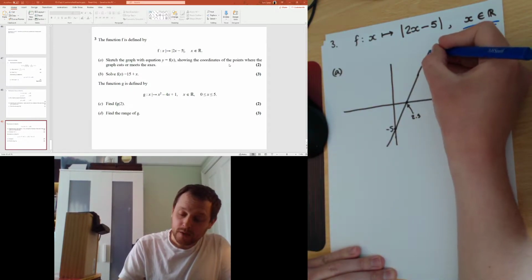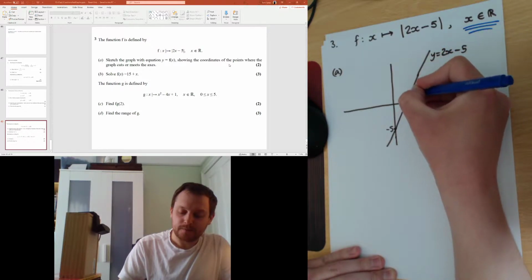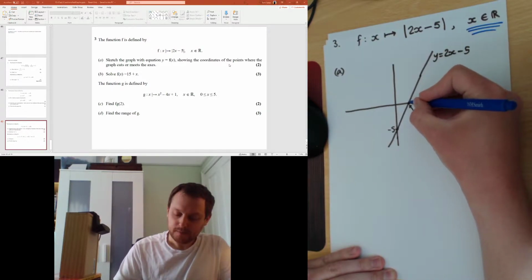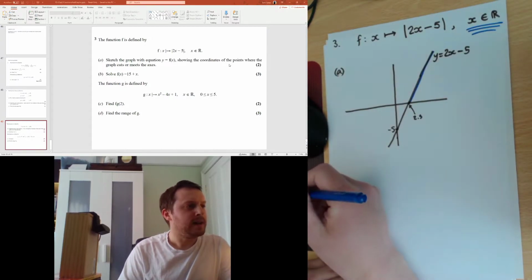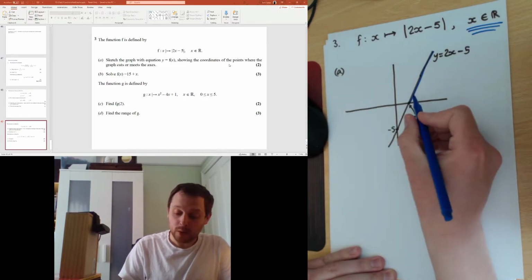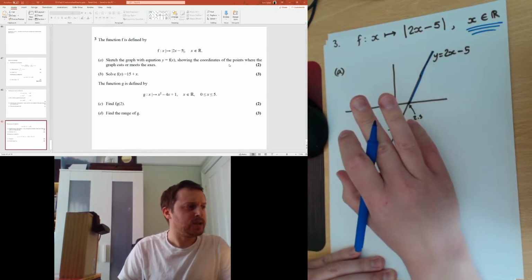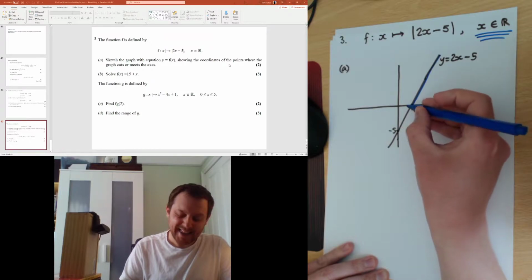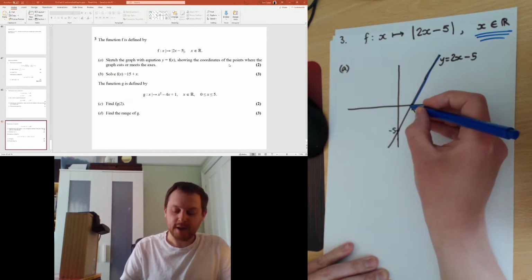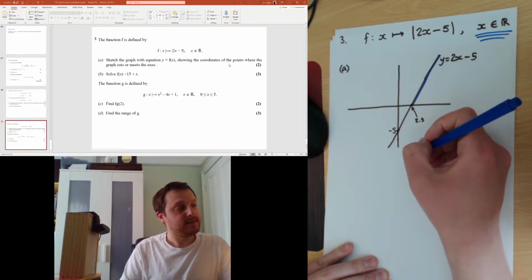So this part here, we go over it again in blue. That part there, that is positive, or 0. So that stays the same. As soon as x is less than 2.5, y goes negative.